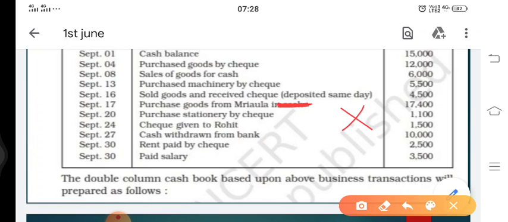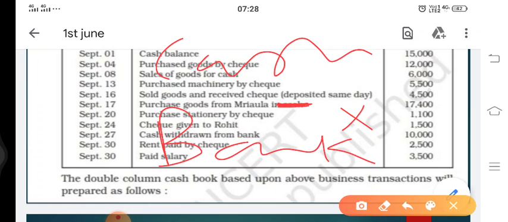Reason being, since you purchased goods, purchases got debited. Since you purchased goods from Mridula, Mridula got credited. Neither cash came into the picture nor bank came into the picture. So if cash and bank both did not come into the picture, there will be no entry in cash book.